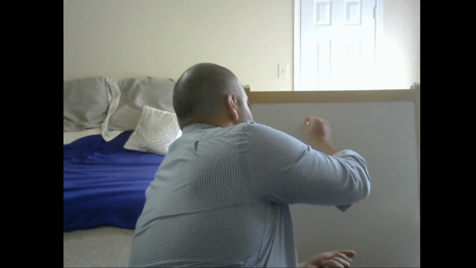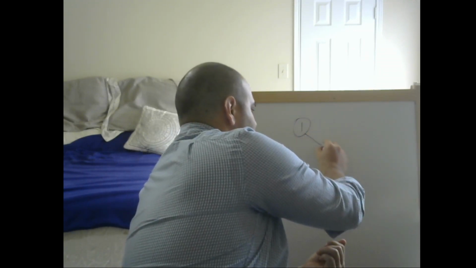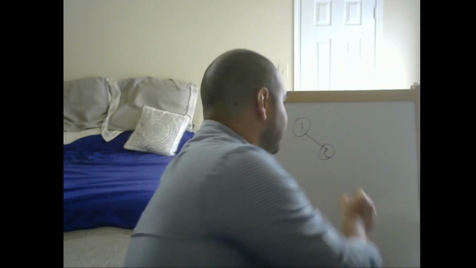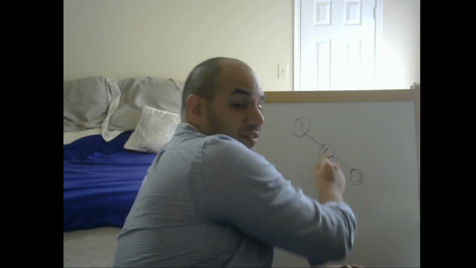Well, 1 was added first, so it's the root. And then we want to add 2. So 2 is greater than 1, so it goes here. 3 is greater than 2, so it goes here. 4 is greater than 1, greater than 2, greater than 3.